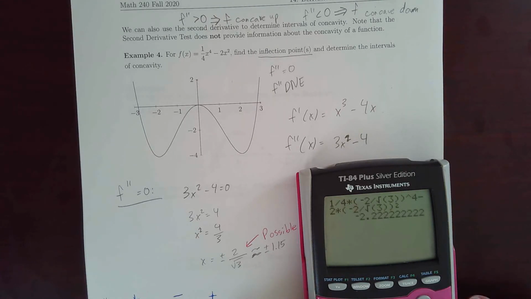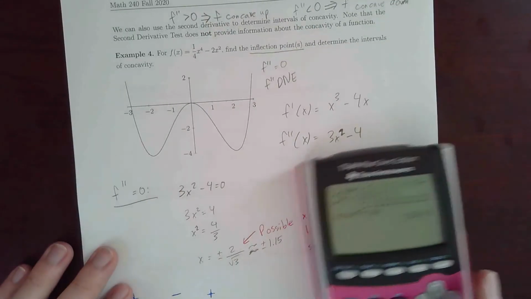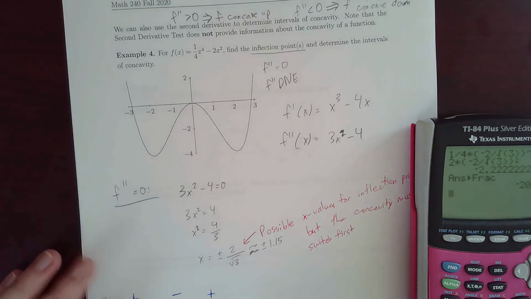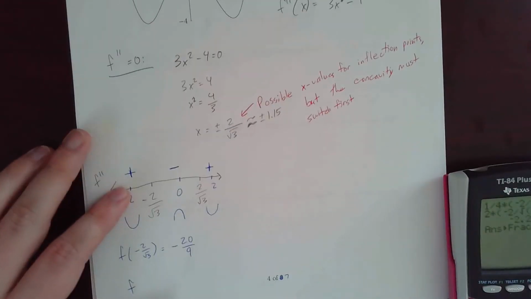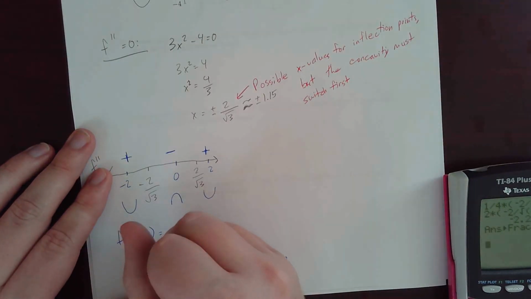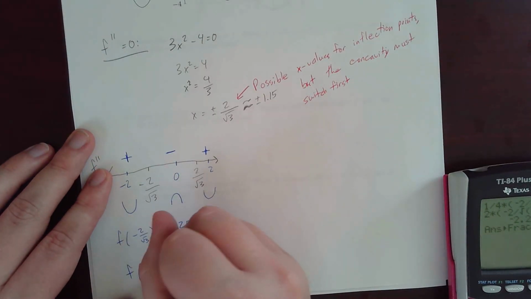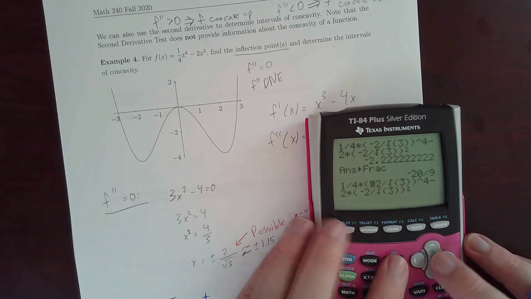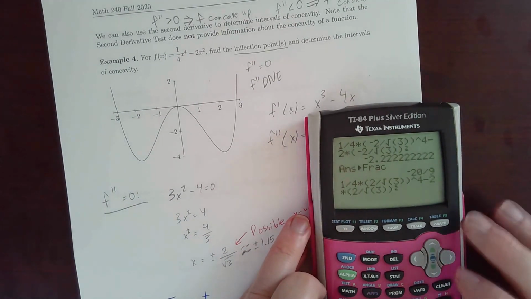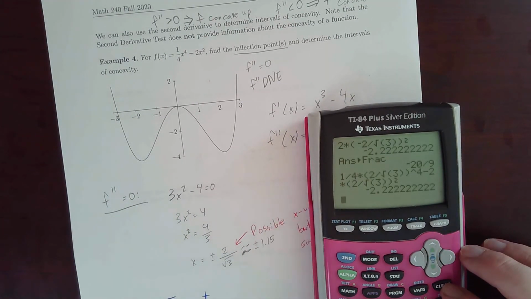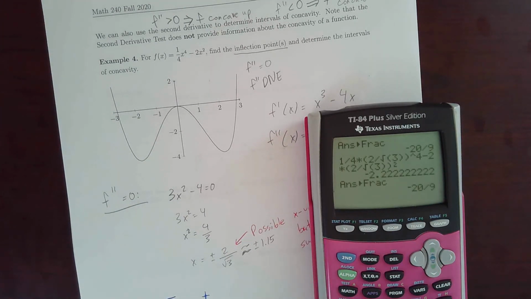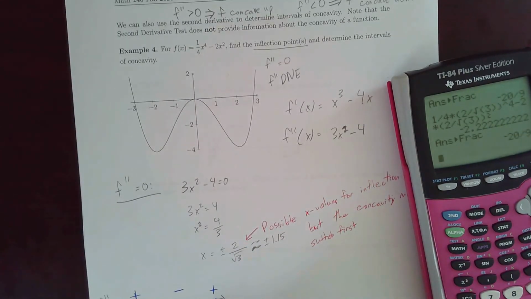And so this, math frac, gives us -20 over 9. And if we go ahead and plug in our positive 2 over the square root of 3, now we will go ahead and do the same thing, except instead of plugging in the negative, we will plug in the positive. And now we will get, again, -20 over 9.